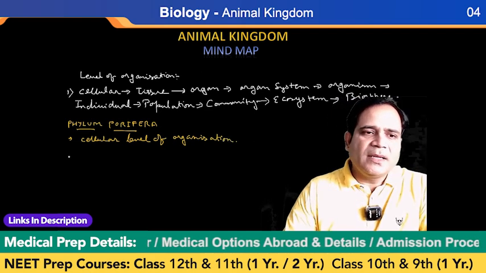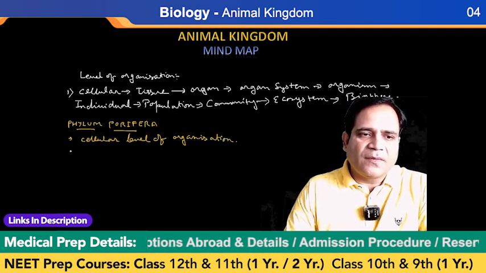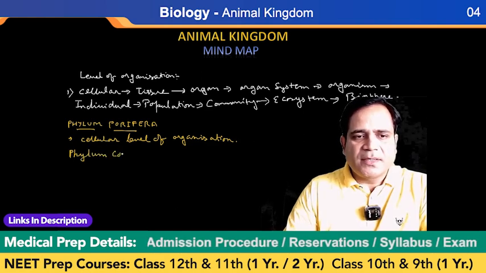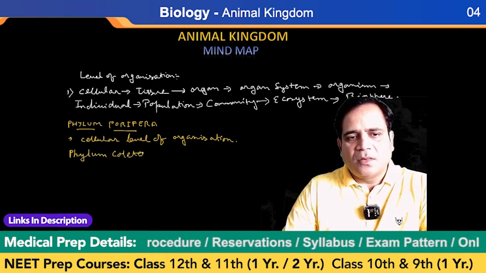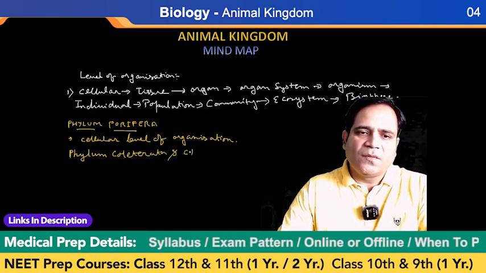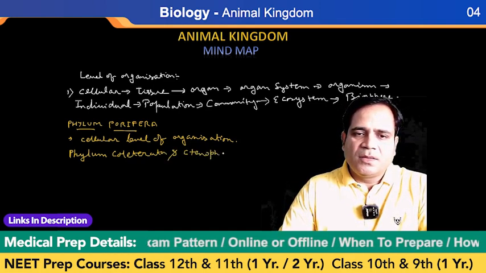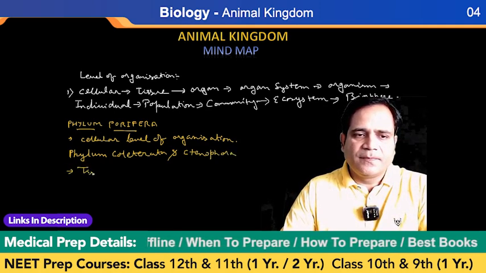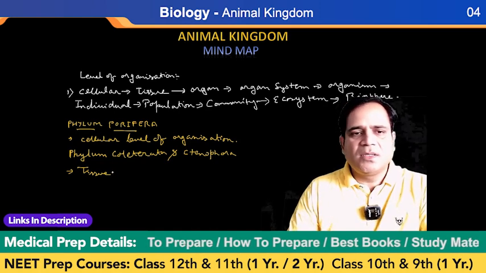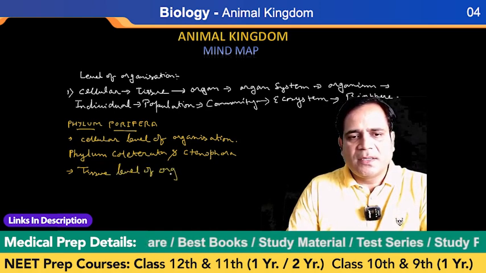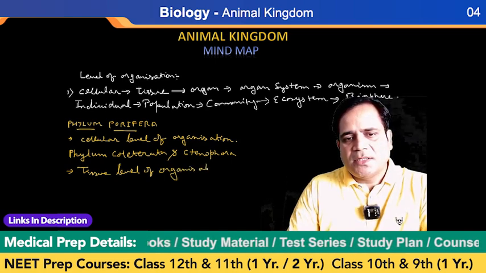Then, the phylum Coelenterata and Ctenophora are known as the tissue level of organization. Correct?